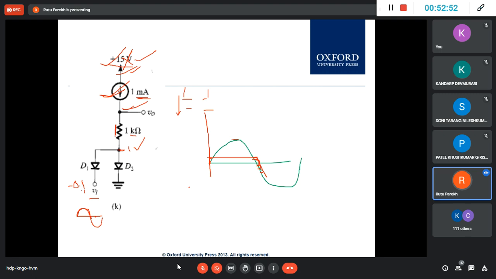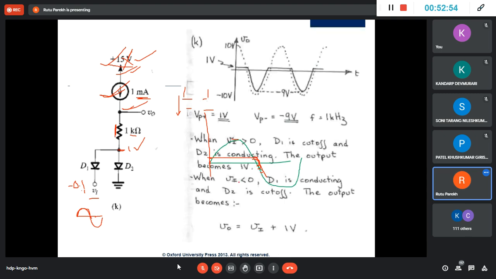So it will follow that. So the peak will be minus 9 if you talk that way. And let's say here, 0 volt, it is 1 volt, then minus 0.1 plus 1. So that way it will go.